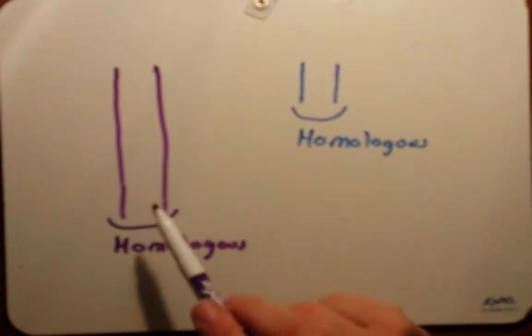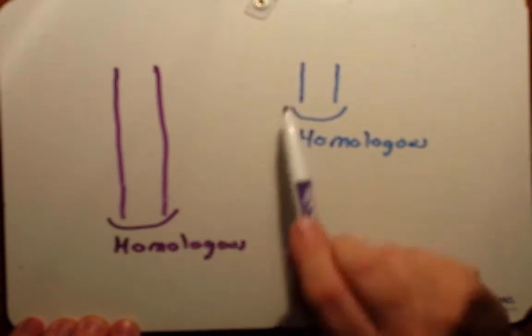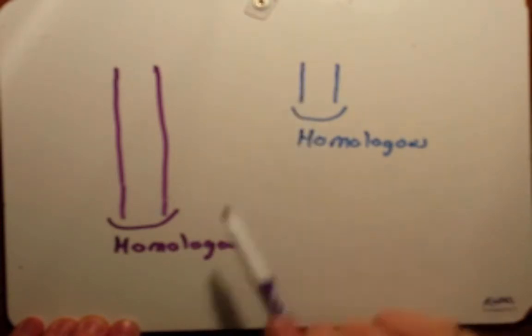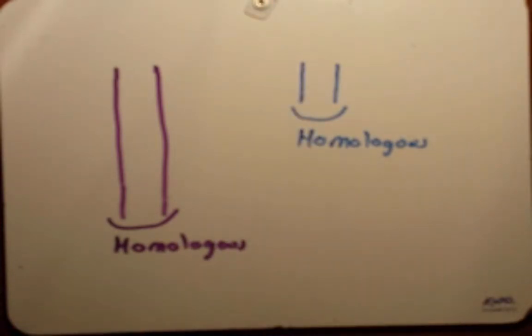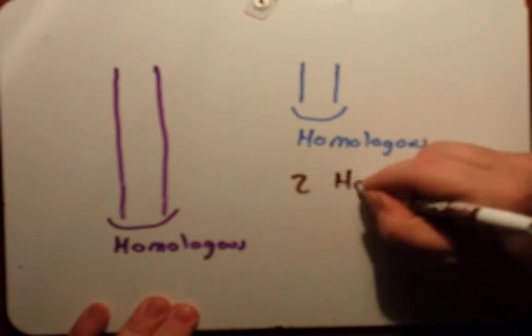We would say that chromosome 1 here is non-homologous with chromosome 22 here. So in this picture here, we could say we have two homologous chromosomes.